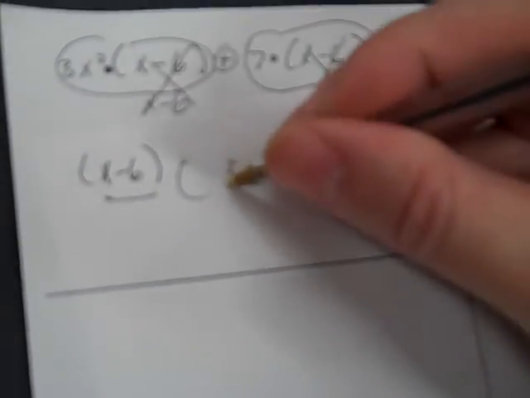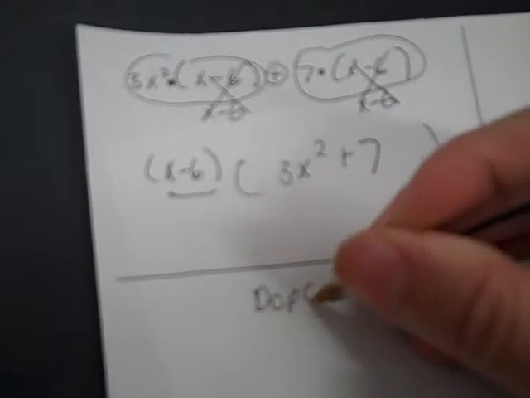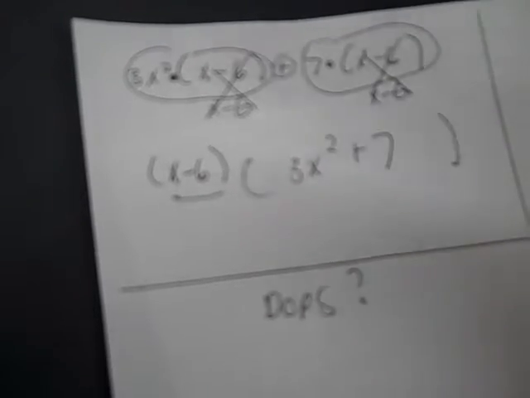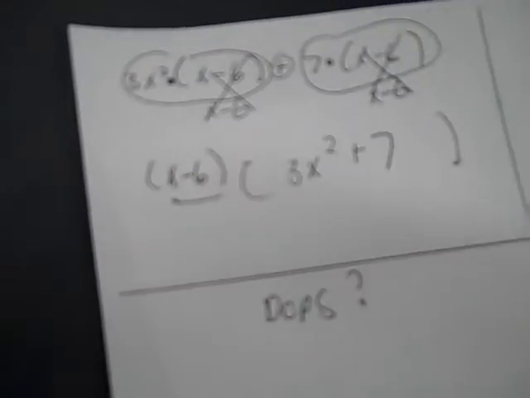And then that gives me 3x second plus 7. DOPS, well, I don't have a plus there, so no. And I have a minus here, but 6 isn't a perfect square, so that's no. So I'm done at that point. I don't need to go further like I could on that very first problem.